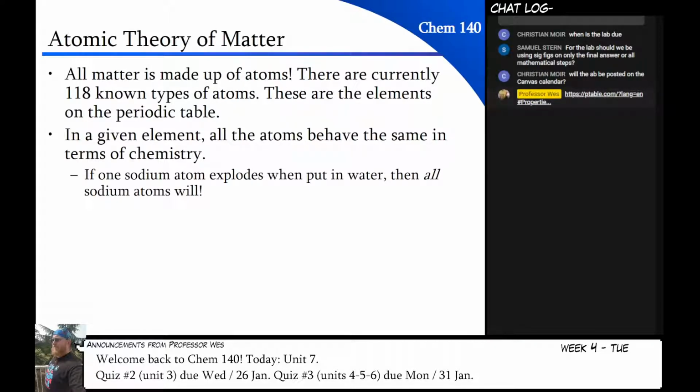For any given element on the periodic table, all atoms are identical in terms of their chemical properties. Every single sodium atom reacts the same way. Every single copper atom reacts the same way. But sodium atoms and copper atoms react differently towards each other.